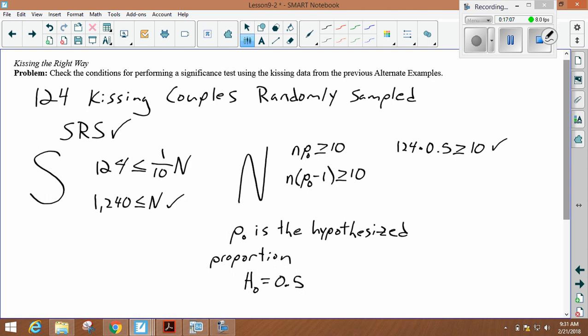Then for this one, we have 124 times, sorry, I'm making a lot of very small errors. This should be 1 minus p naught. And that's going to check as well. And so there we are, we checked them.